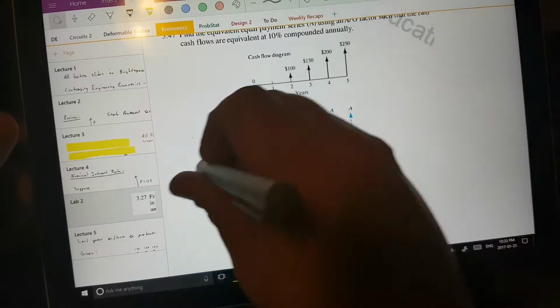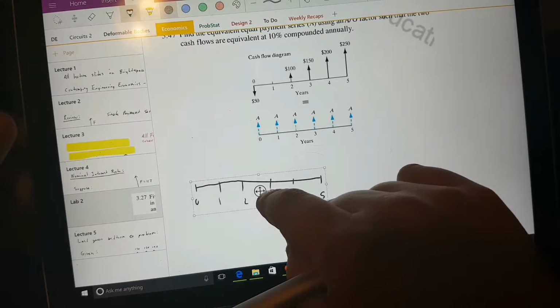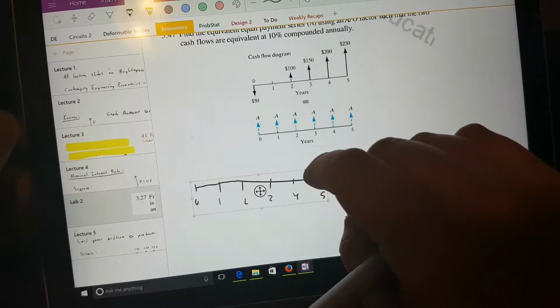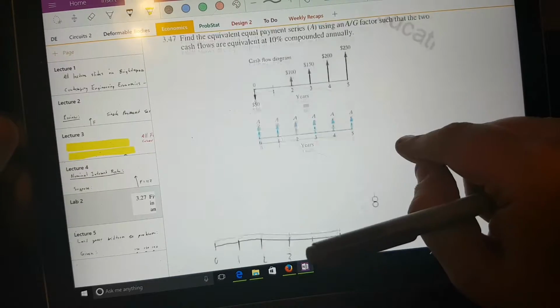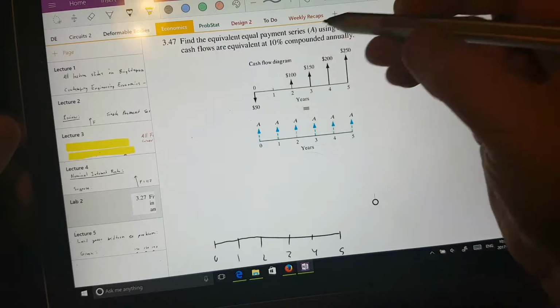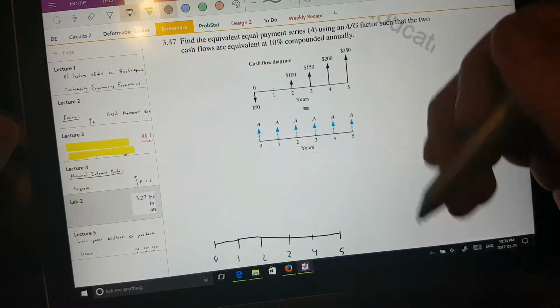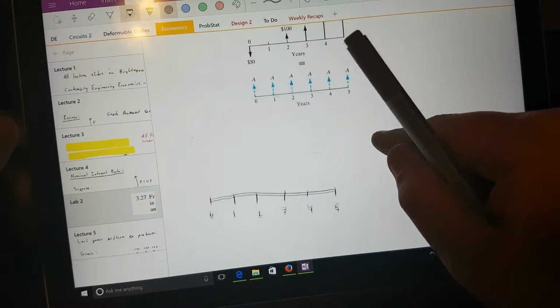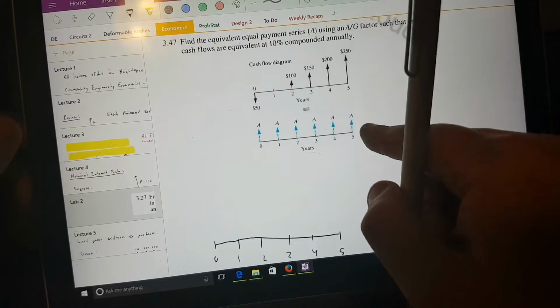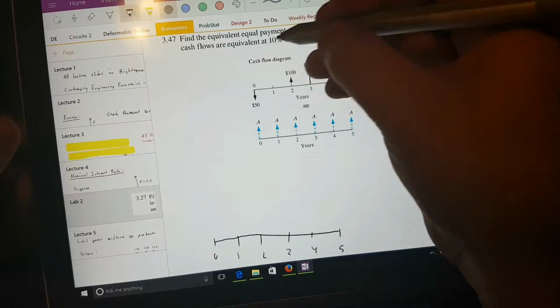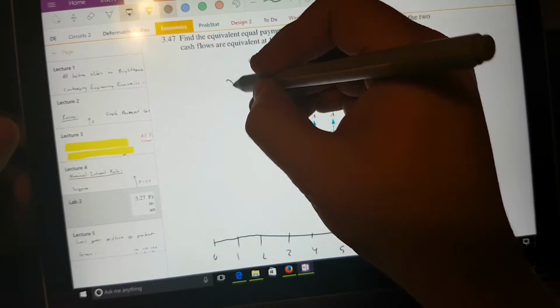Like that. So I'm going to copy that. So to get this one, I need there to be a 50 here. So I'm going to split this up. Let's call this x.